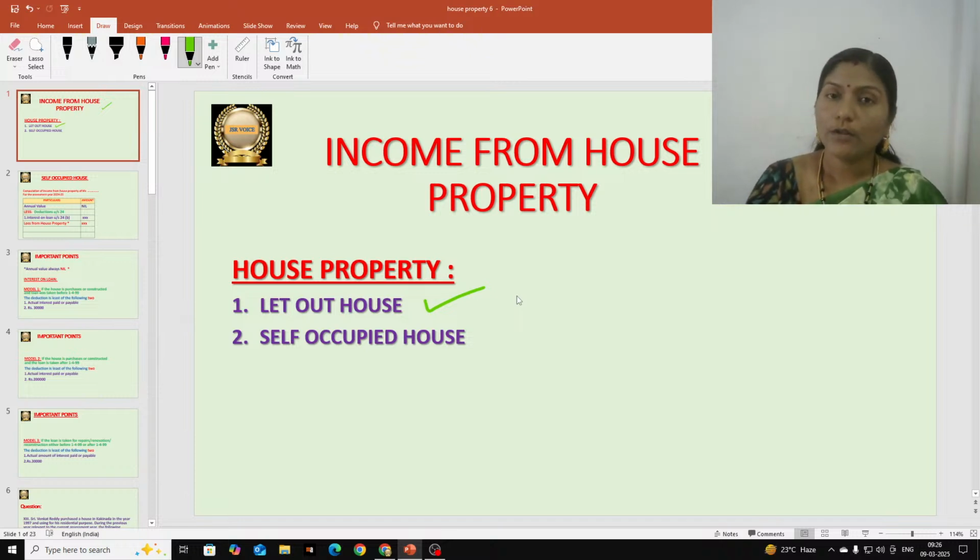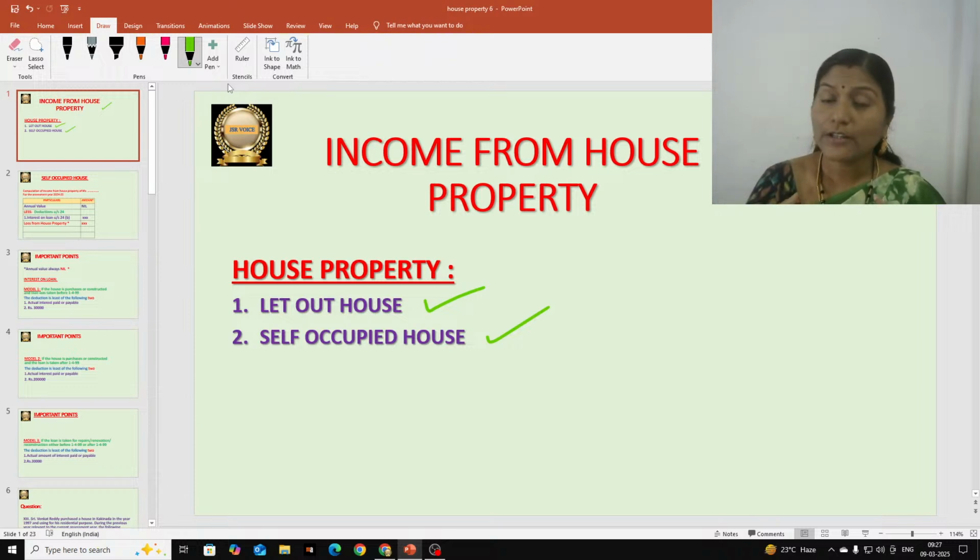And now today I want to discuss self-occupied house. What is a self-occupied house? Self-occupied means the owner is staying in his house for his own residence. He is not giving it on rental basis. He is staying in his own house for his own residence. Here he is not going to get any rent. Clear?